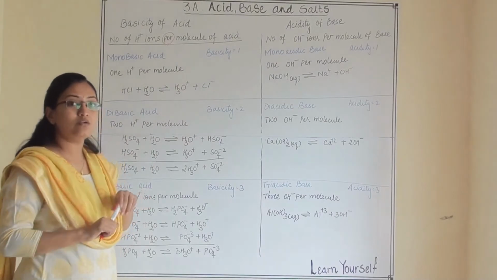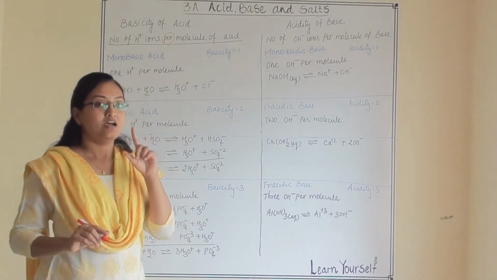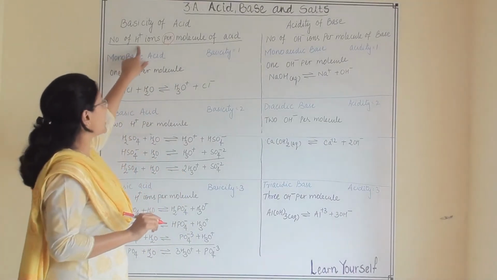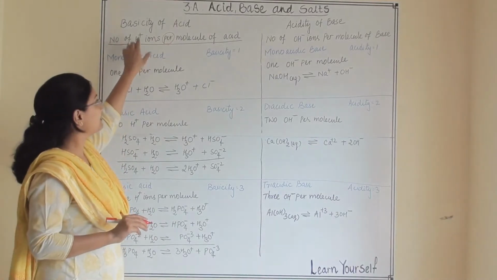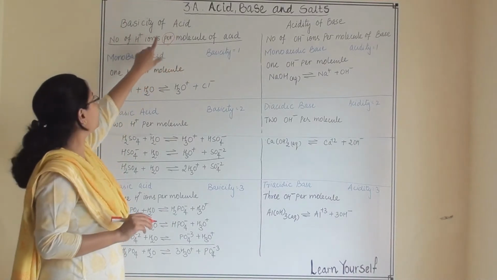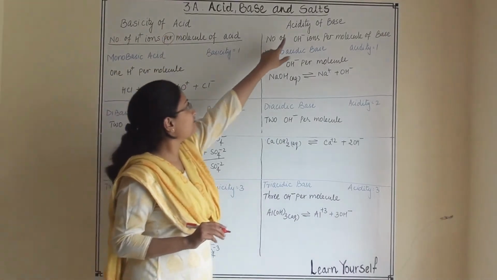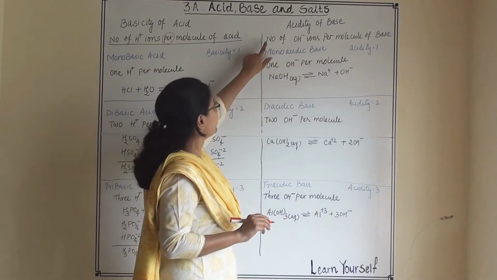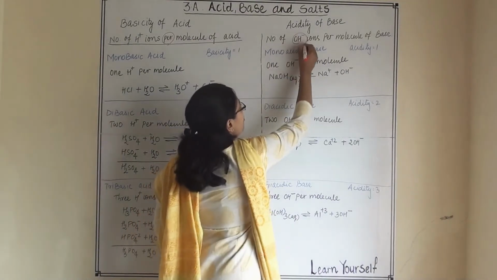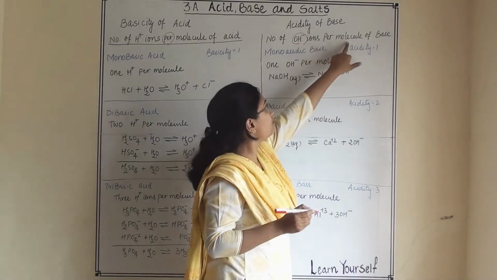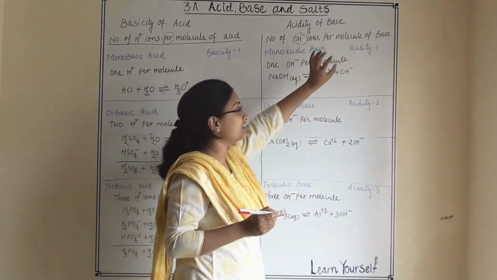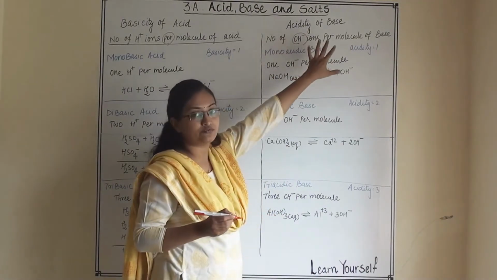That means one molecule of acid, and how many H plus ions it generates. This concept is referred to as the basicity of acid. Now what is the meaning of acidity of base? The number of OH minus ions generated per molecule of base is referred to as the acidity of base.